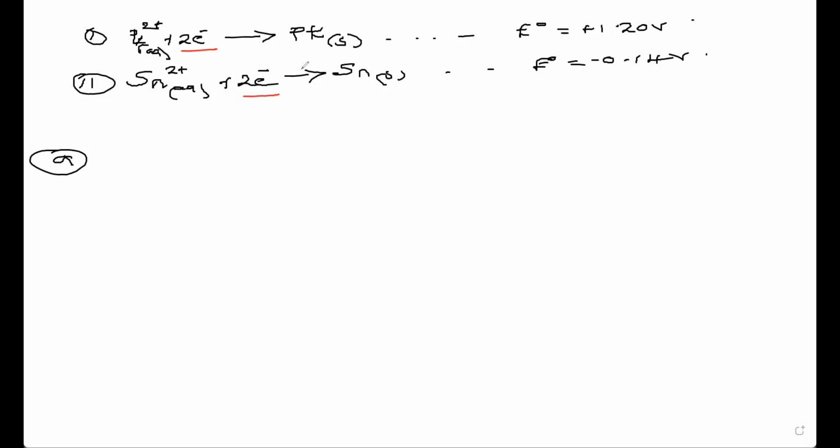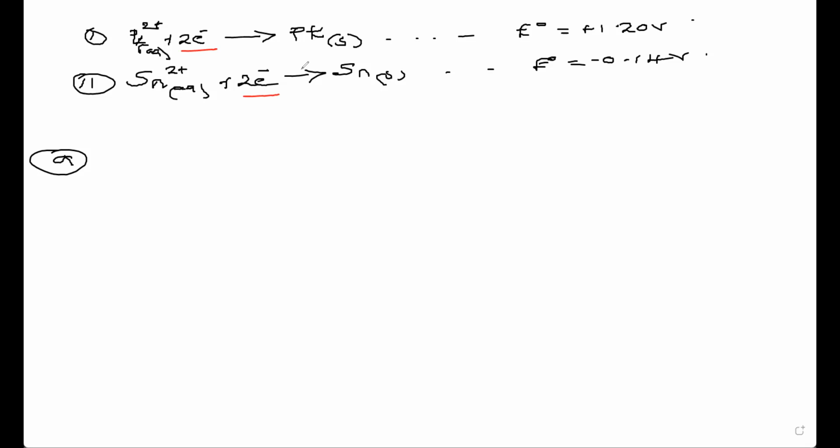If electrons are added on the left-hand side, or the reactant side, just know that reaction is a reduction reaction. But if electrons are added on the right-hand side, or product side, then that reaction becomes the oxidation reaction.